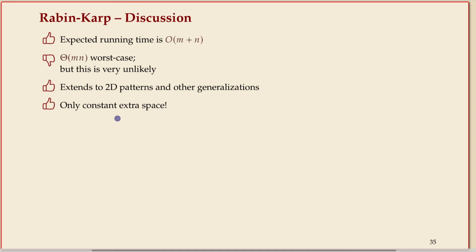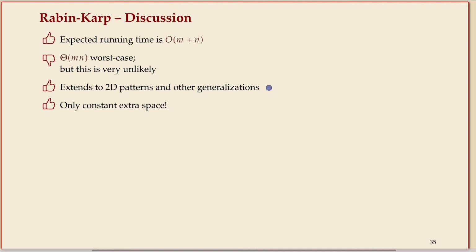We achieved what we wanted initially. We only need constant space. If you check the algorithm, the only thing that is stored is a few extra numbers and the hash of the current position and the pattern. And these all fit into one word, so it's a constant amount of extra space in total.